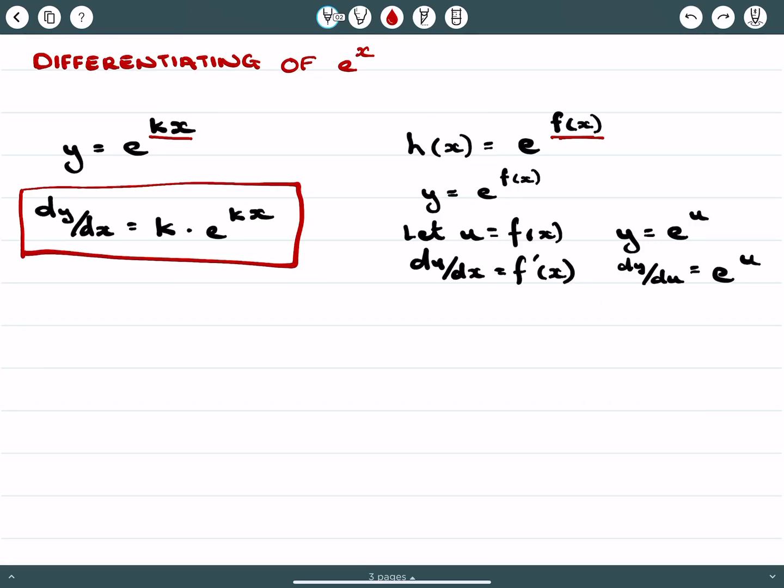I'll just take that off and change the colour. Dy du should be expressed as e to the f(x) if I substitute f(x) for u.